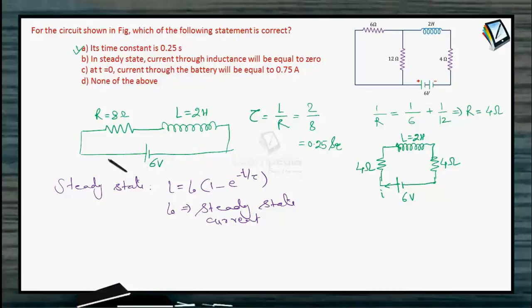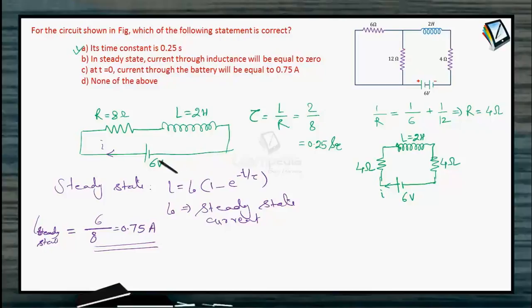As you can see here in the circuit, the current in a steady state is going to be 6 divided by 8, which is 0.75 ampere. This is after a long time, because the equivalent resistance of the inductor becomes 0 after a long time, because at time t is equal to 0, the inductor opposes the maximum.